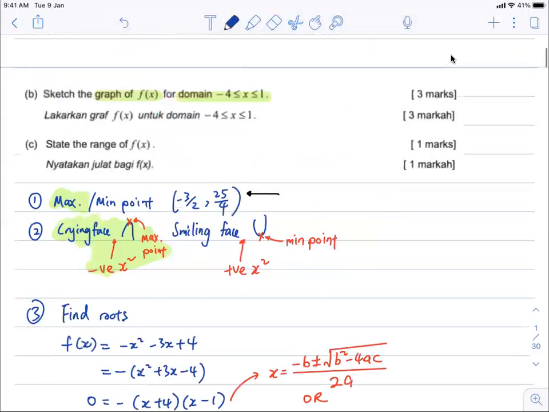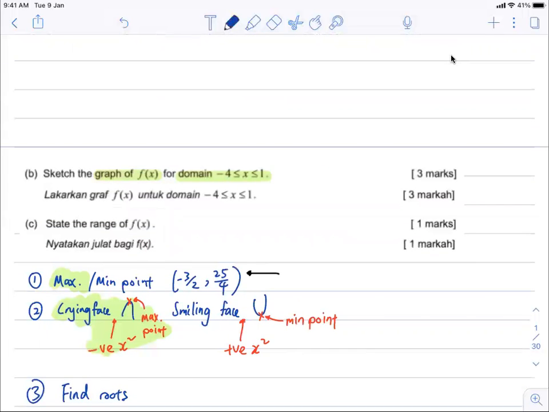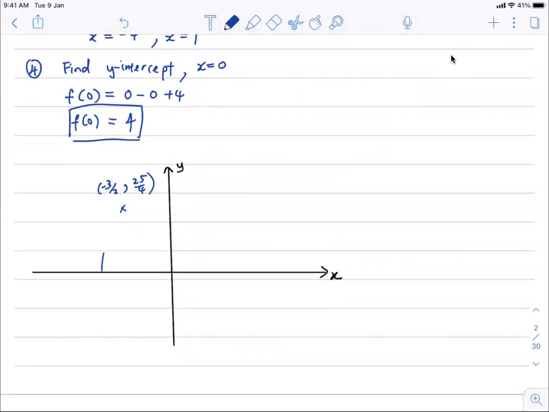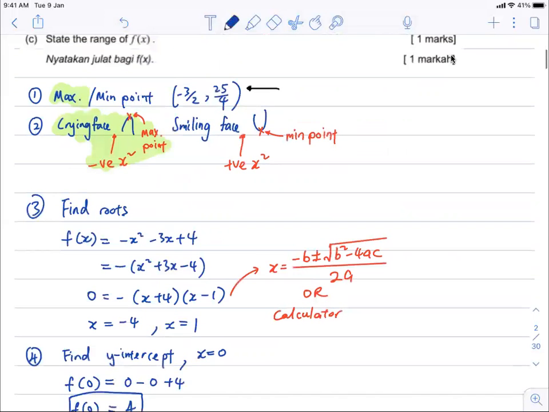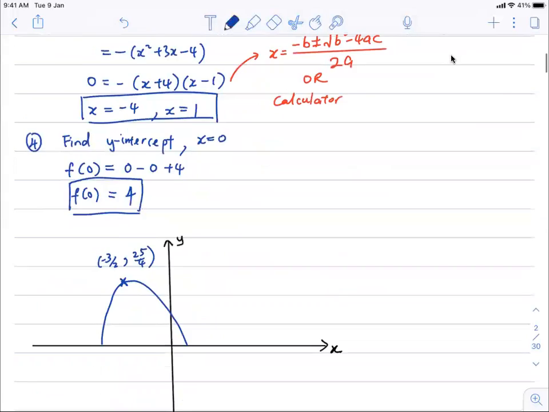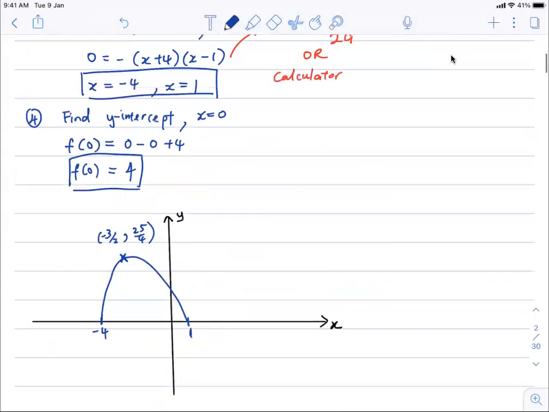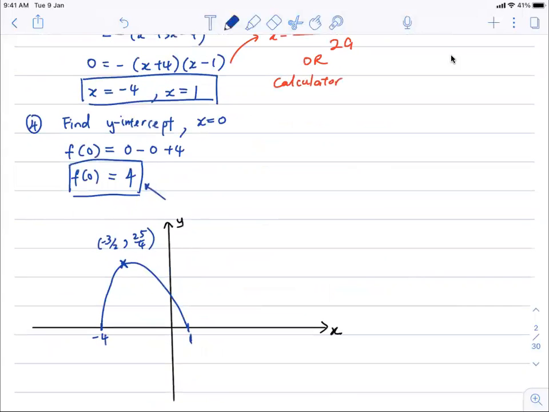And then the second step is a crying face. We draw a crying face over here. And the third step, the roots are -4 and 1. So we can plot the roots here, -4 and 1. And lastly, the y-intercept is 4. So the y-intercept here is 4.